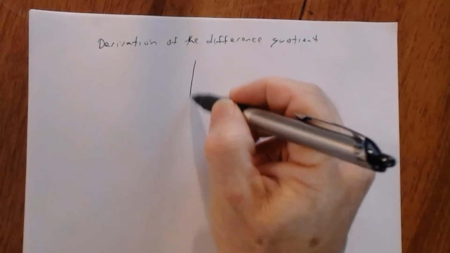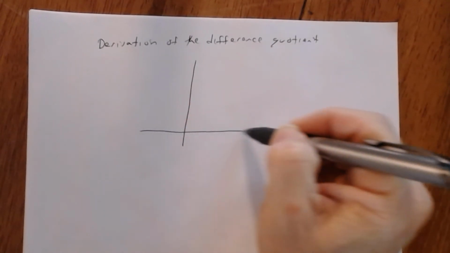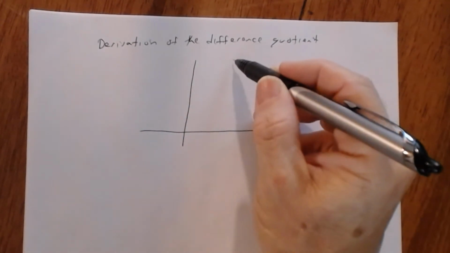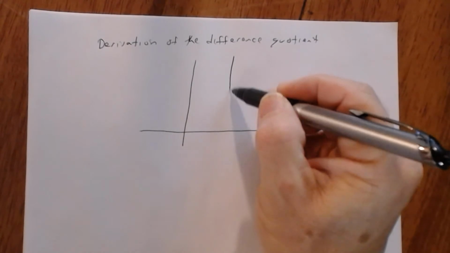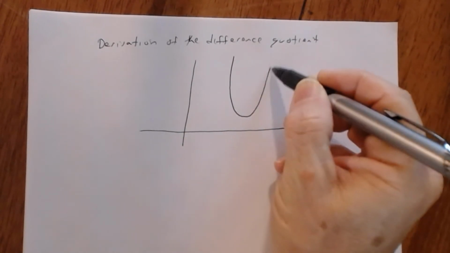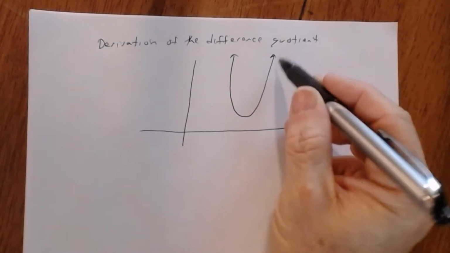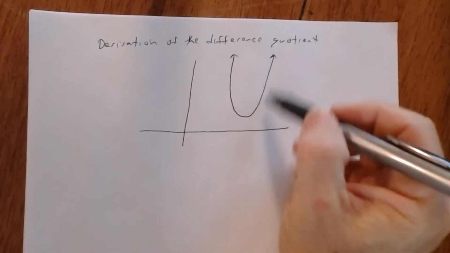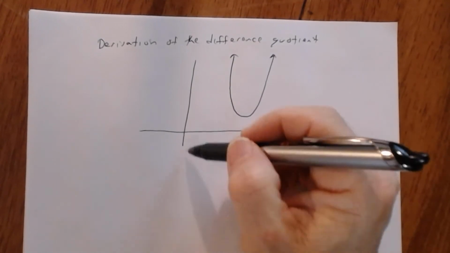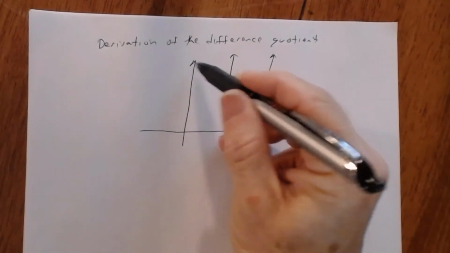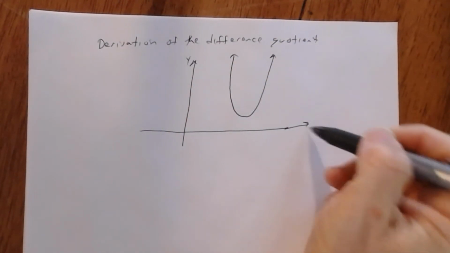So if I have this coordinate plane, and let's say that this is my quadratic function. Looks something like this. Now, remember the graph of a quadratic function is a parabola, and here's my y-axis, and this is my x-axis.